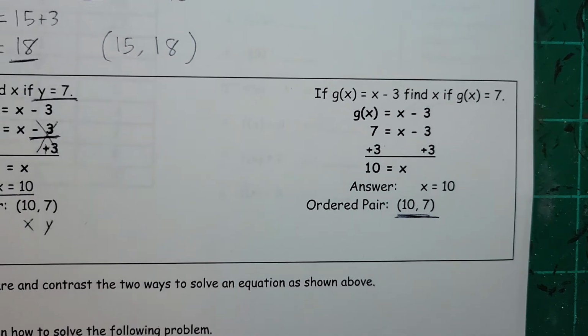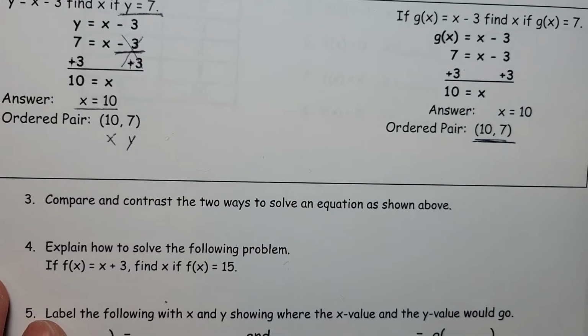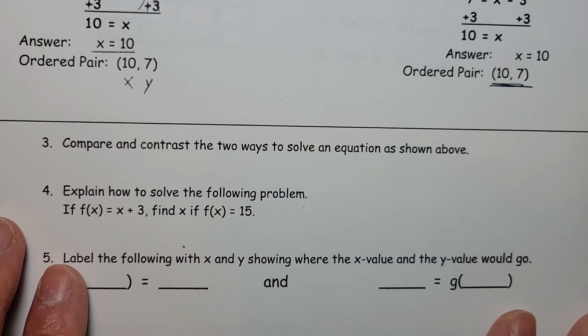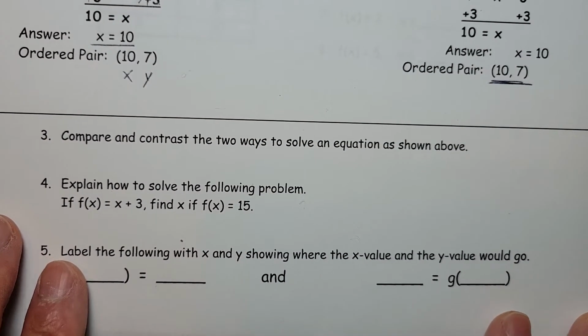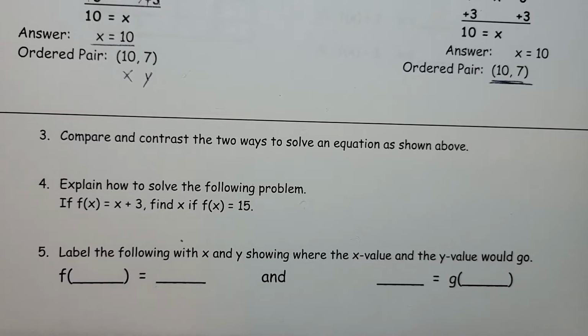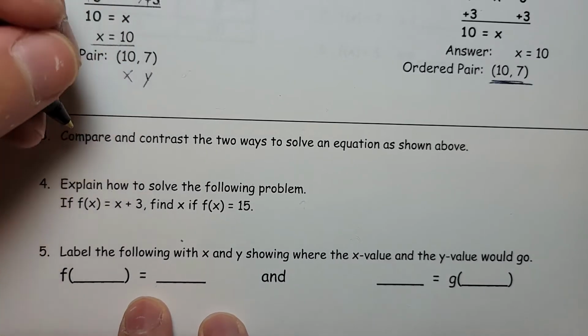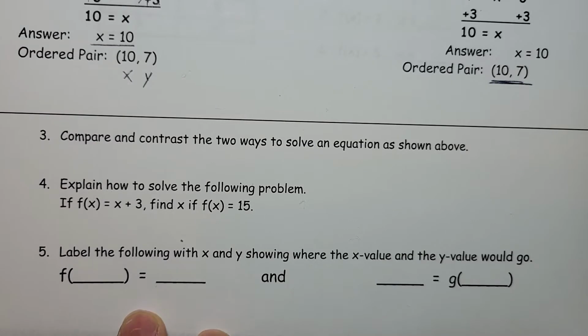So, for number 3, compare and contrast the two ways to solve an equation above. Well, this time, we were given the y value first, but we did the same strategy. We plugged it in.